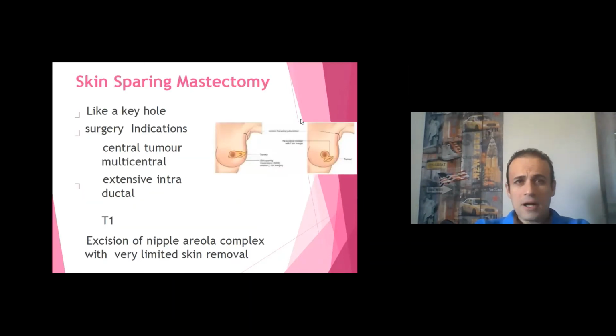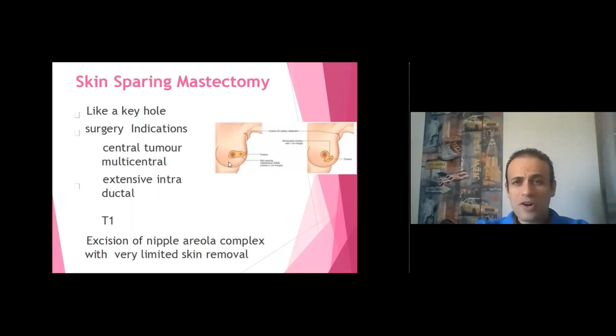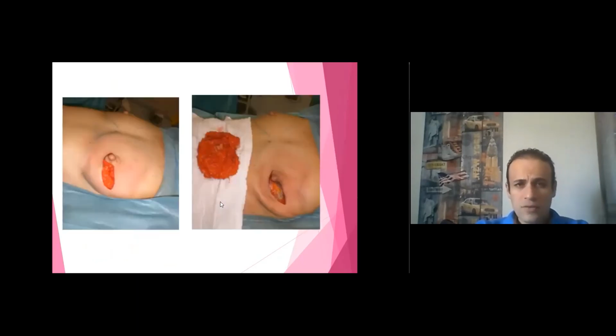Skin sparing mastectomy is a procedure in which we can remove the whole breast glands through a small incision, like a keyhole. This can be used in central tumor or multicentric tumor, that means it is involved in several areas of the breast. This is an operation I did 2 months ago.